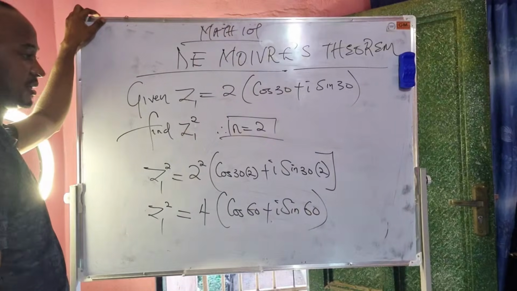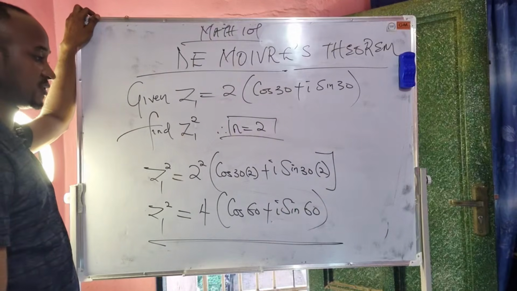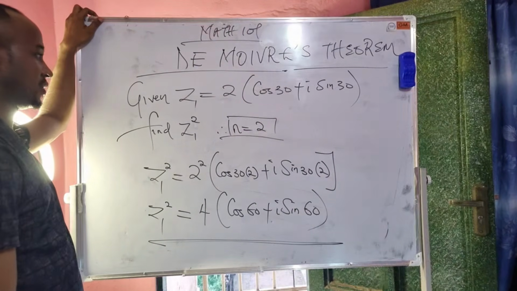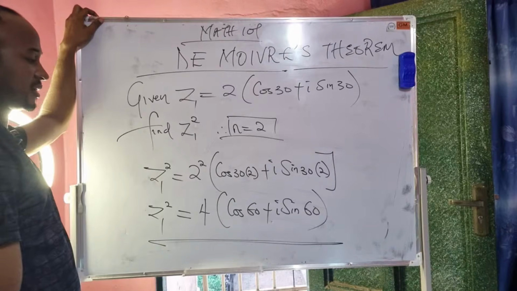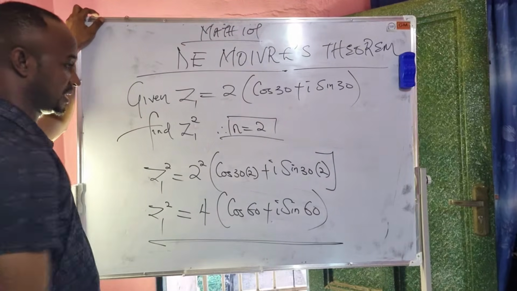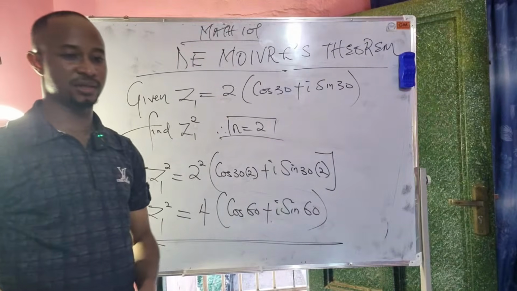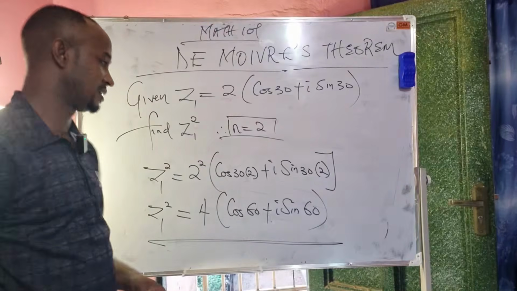Just like that. This is just how to solve a problem under De Moivre's theorem. Don't forget that at the end of the day, I will convert this angle to radians, unless otherwise stated.